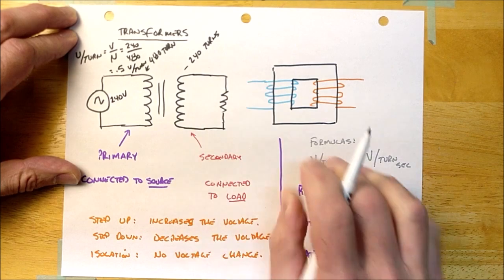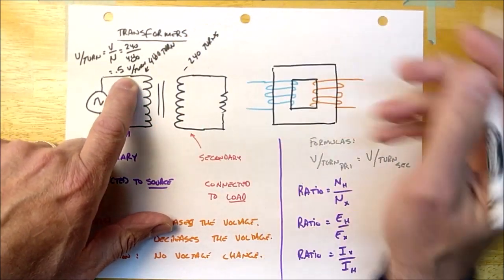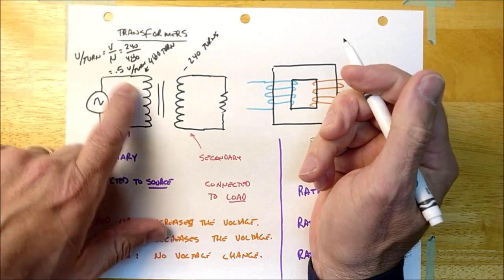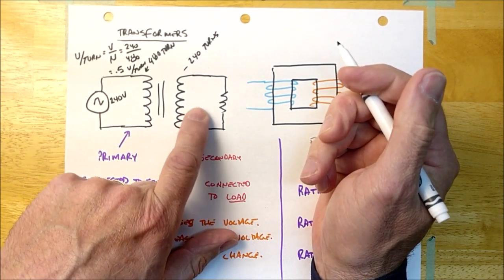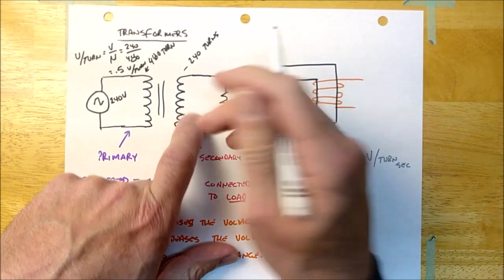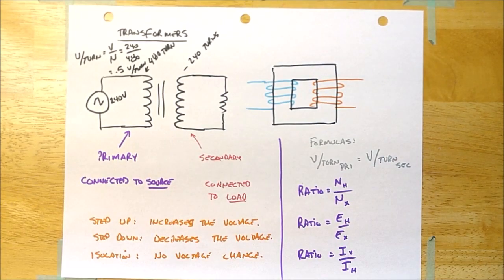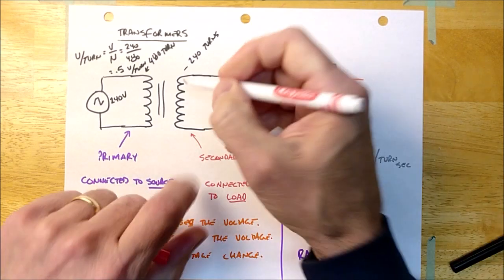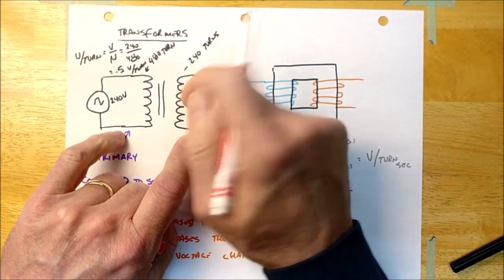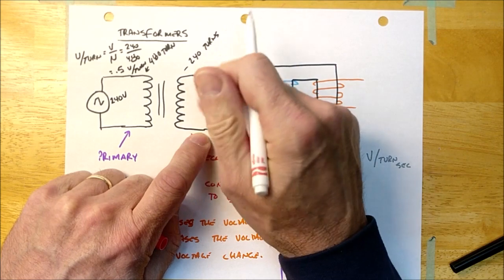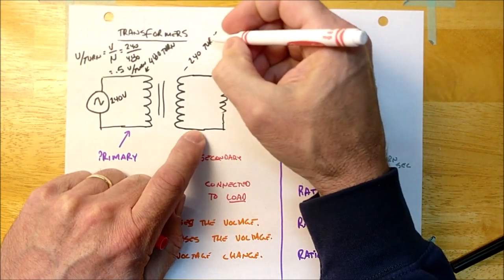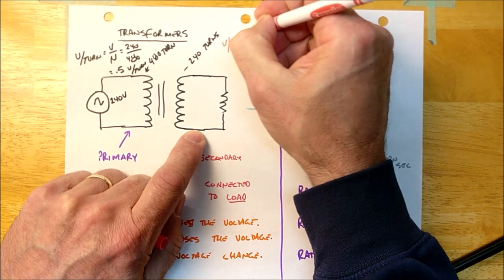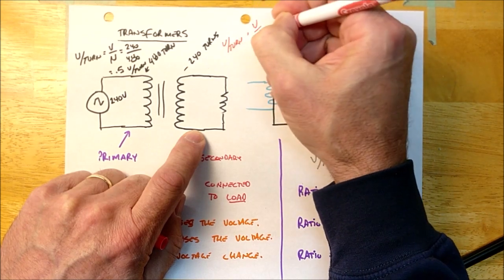Sorry about that, super ugly there. All right, guys? And since this is dropping 0.5 volts per turn, the secondary winding is also going to be 0.5 volts per turn. And so for this particular transformer, if I want to figure out the voltage on the secondary side, it's the same formula. The volts per turn is going to be the voltage over the number of turns.